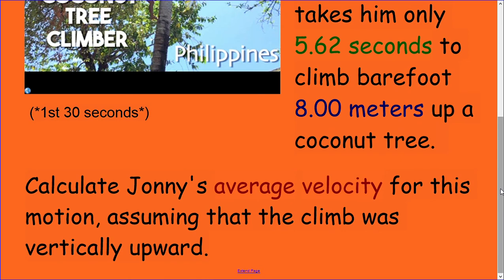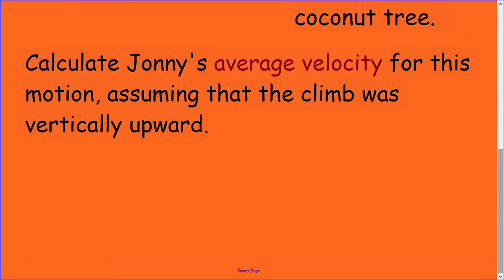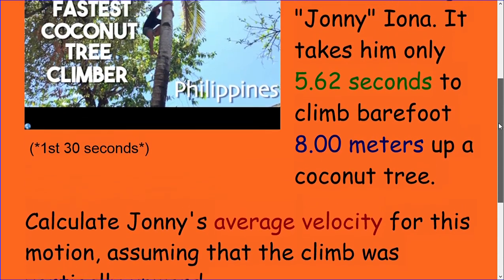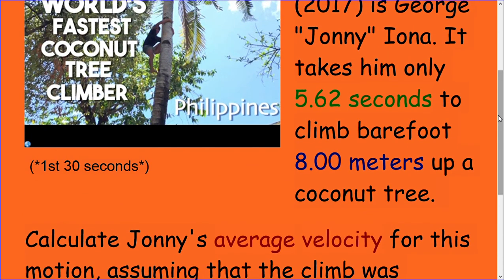The question then asks to calculate Johnny's average velocity for this motion, assuming that the climb was vertically upward. So we assume that he's moving vertically up the coconut tree. So pause the problem, give it a try, see if you can figure it out. Write out your formula, show your work, conclude your steps, and we'll go over the answer.